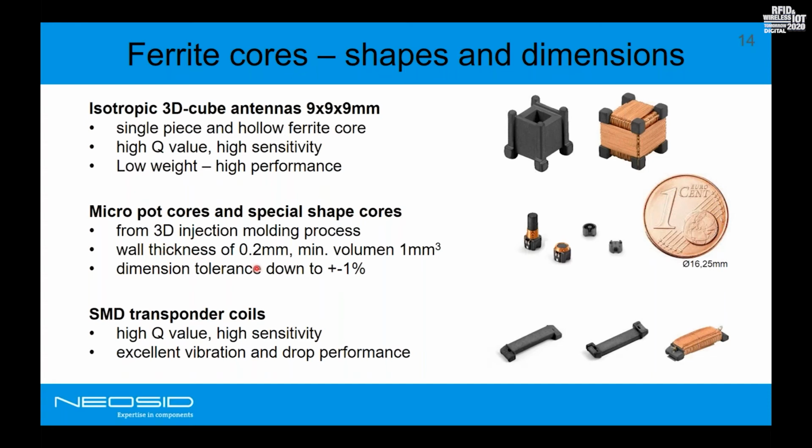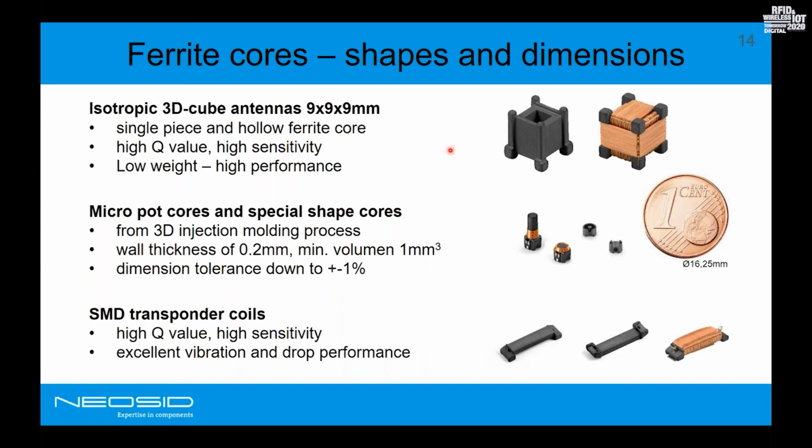The wall thickness goes down to 0.2 millimeter, and the minimum volume we can work with is 1 cubic millimeter. The high dimension tolerances we can do with injection molding go down to ±1%.